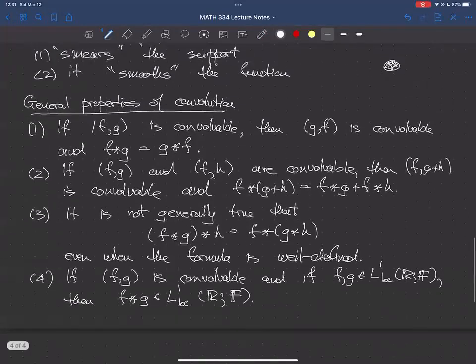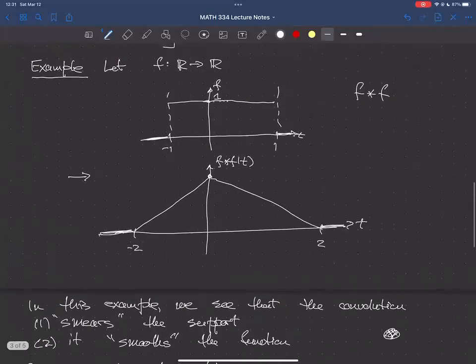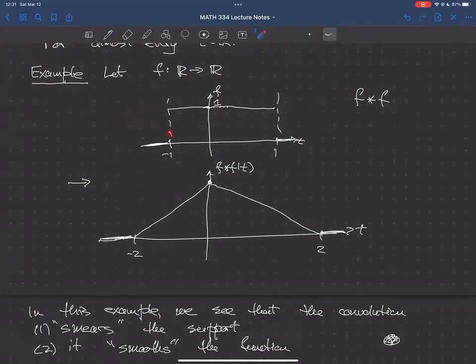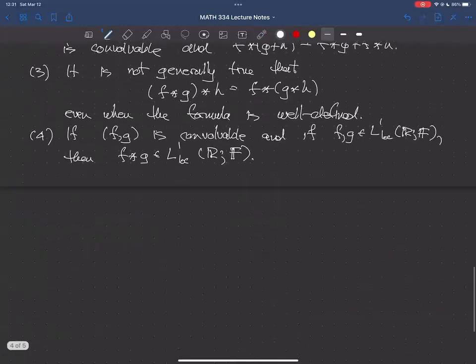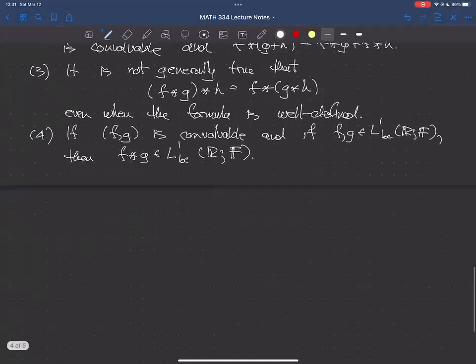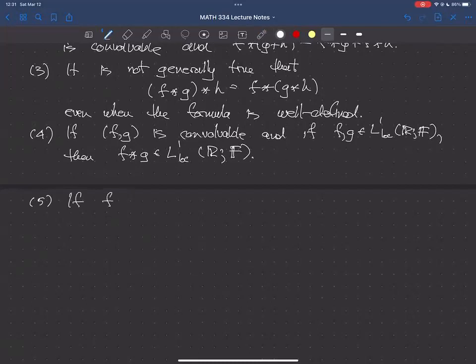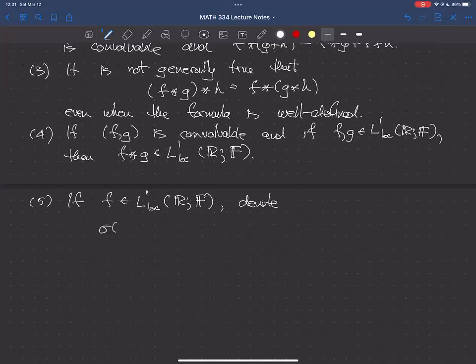Okay, so in this example, we had some observations that we made about support, okay, and support of the convolution, right? So let's look at that in a general setup. Okay, so if f is in L1 loc, denote sigma of f.